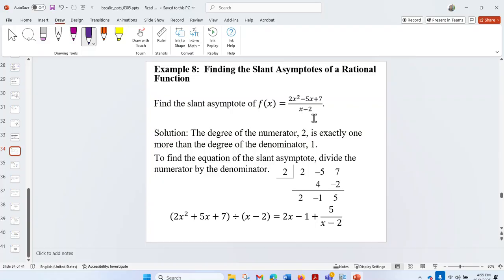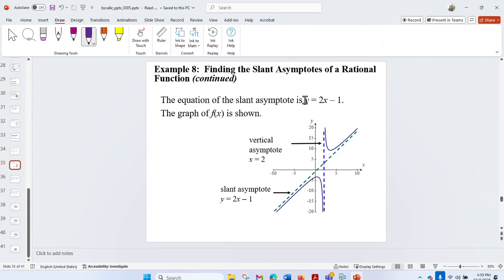And then a slant asymptote, because the numerator's degree is exactly 1 higher than the denominator. So if you do the synthetic division, the number here is 2, and then the coefficients here are 2, negative 5, and 7, right? And then you have a remainder of 5. So the quotient here, 2x minus 1, is the slant asymptote, all right? And then you have y equal to the quotient, which is 2x minus 1.